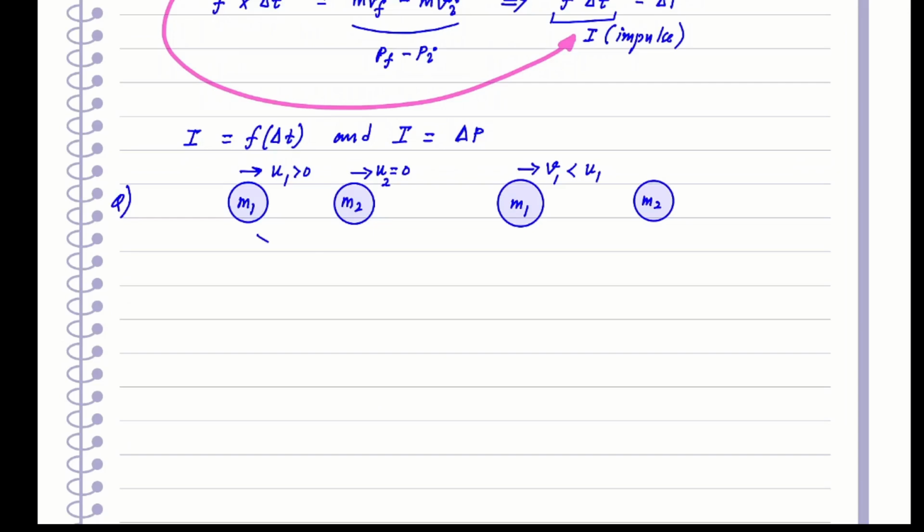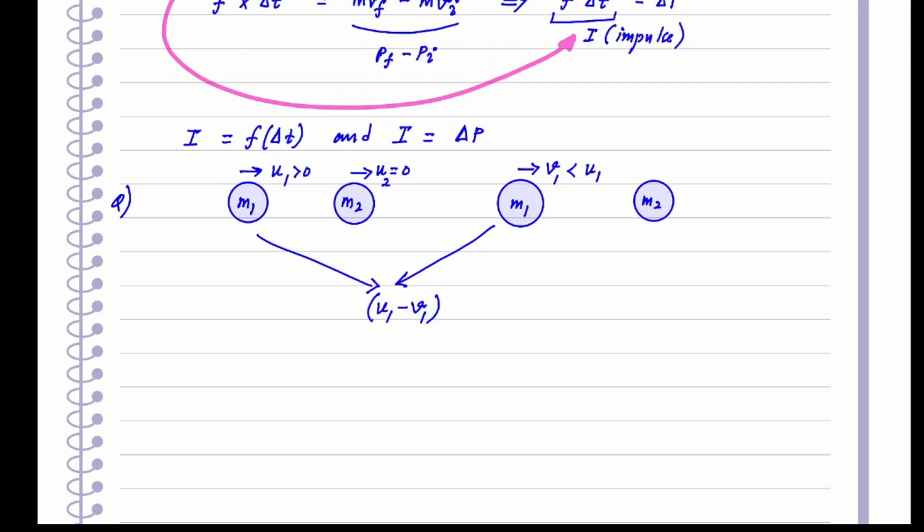If you just look at M1, you will see the velocity difference. What is the velocity difference? It would be U1 minus V1, the speed difference in this case.